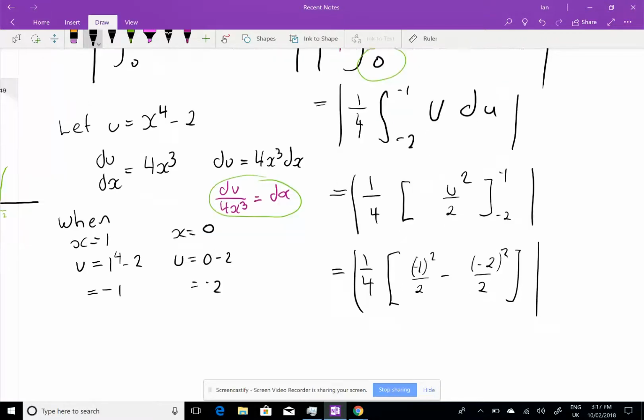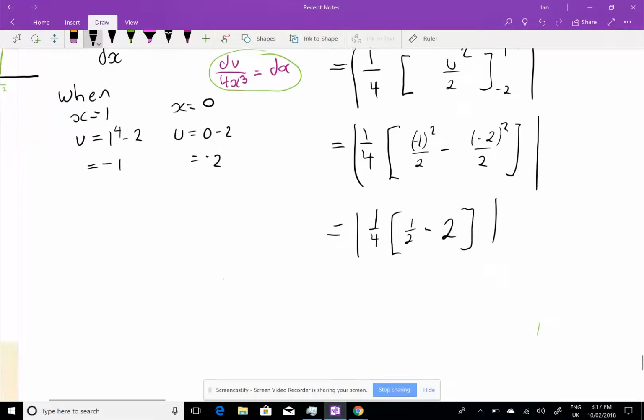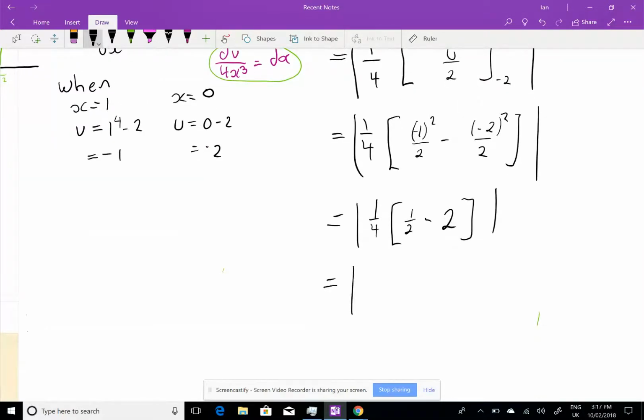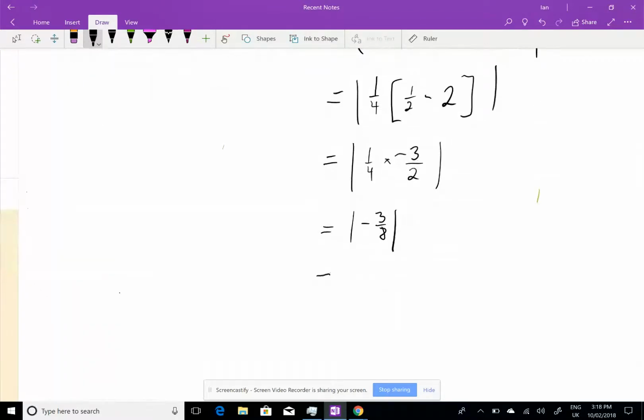absolute value, which gives me a quarter. I'm going to get a half minus 4 on 2, which is 2, which gives me a quarter times negative 3 on 2, which is negative 3 on 8, which is, this is right, absolute value is 3 on 8 units squared, and it is right.